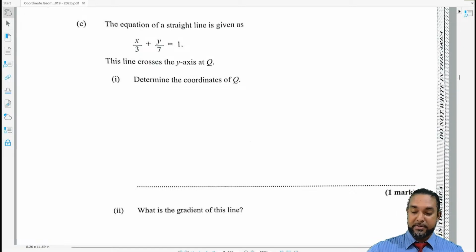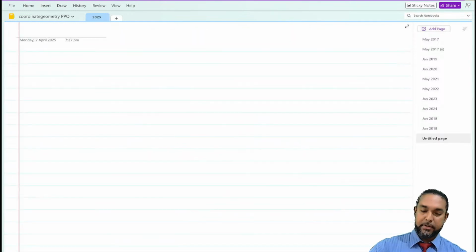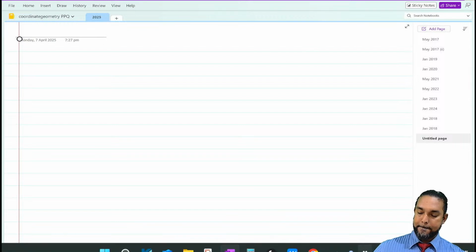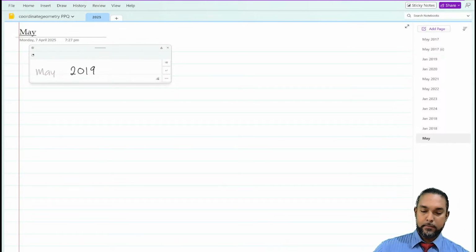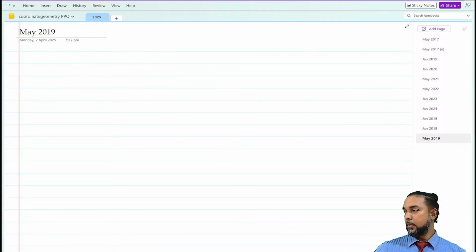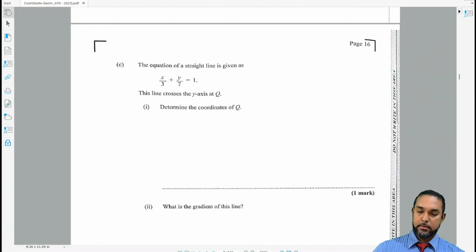Oh, I have to copy and paste the question. So this is the May 2019, right? Okay, cool. So May 2019. Insert screen clipping.